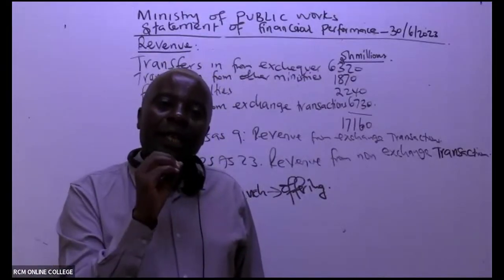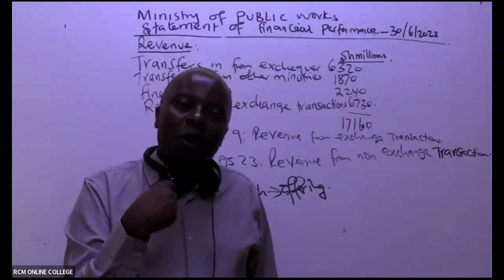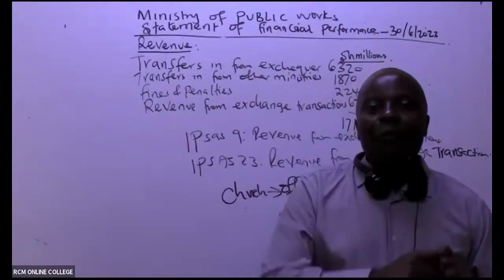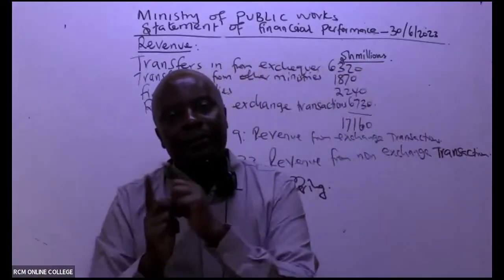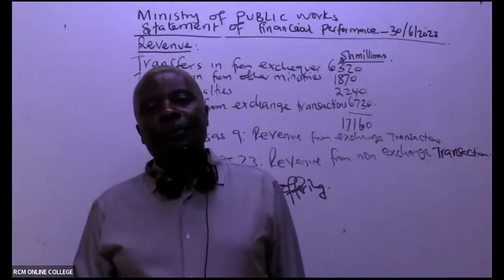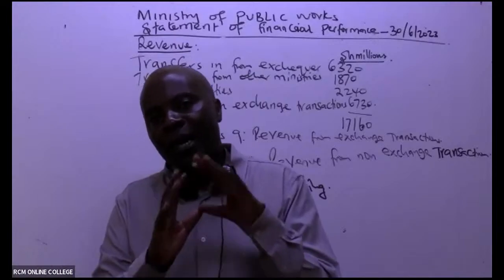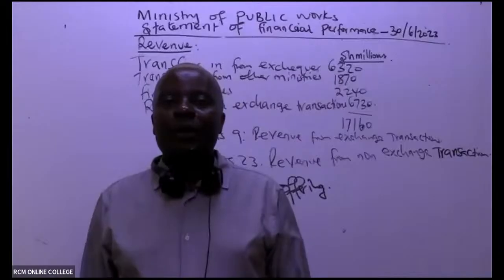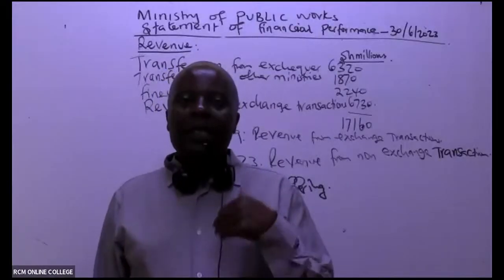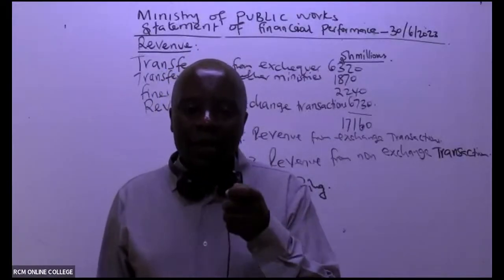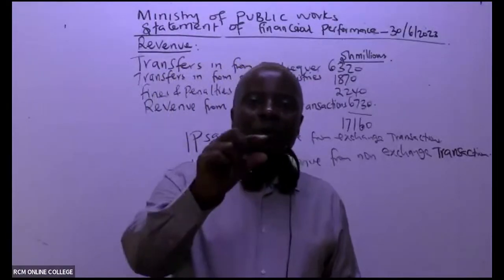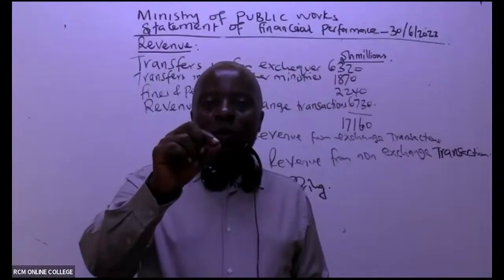So you see, then that revenue he has earned, you will call it revenue from non-exchange, because as a priest I've received, I've not given anything. So it is revenue from non-exchange. Somebody may argue that there are churches where I go, I give an offering, and then, for example, they give me a bottle of water.